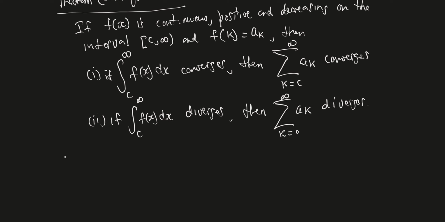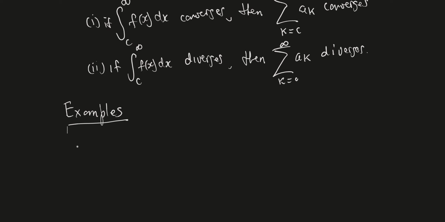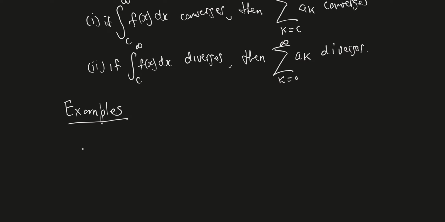All right? So let's take a look at some examples of this. Now, when do you use the integral test? Well, you use the integral test when the terms of the series look like something that we know how to integrate. You know the types of functions that we've integrated, and we have lots of examples.